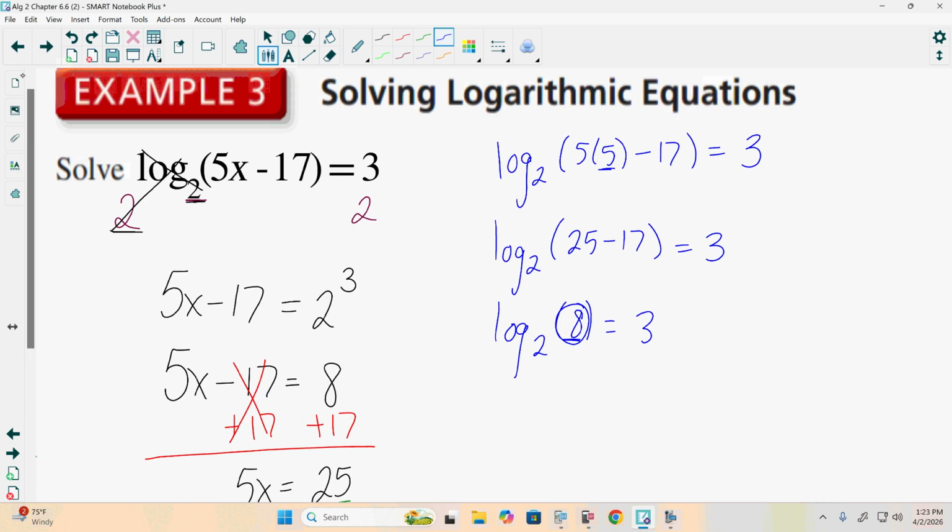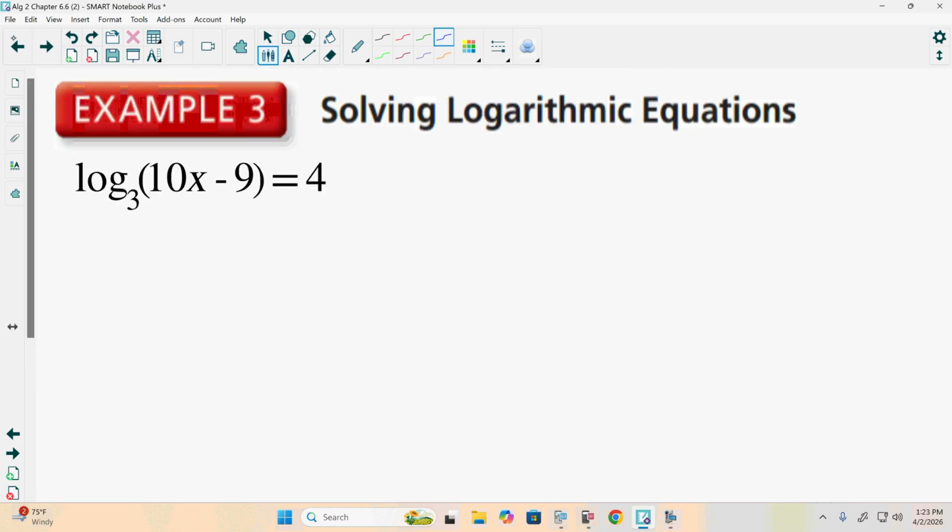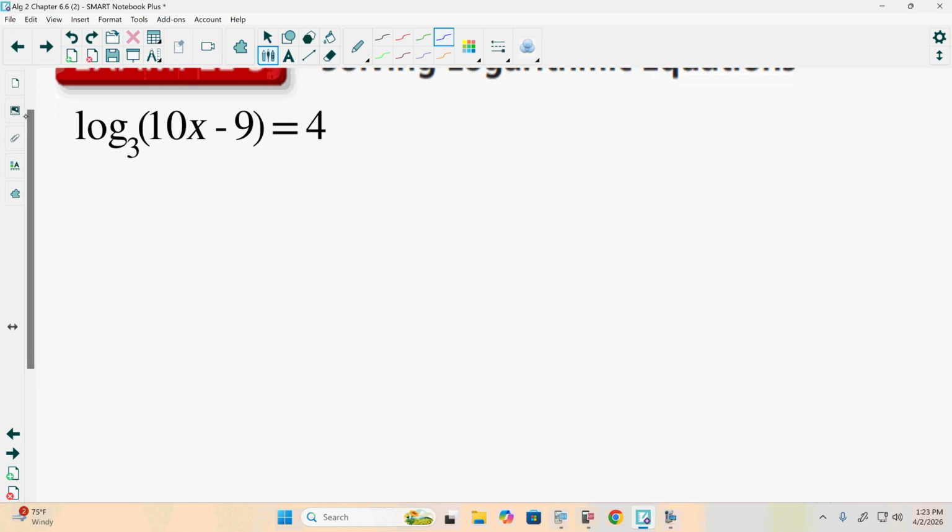Questions on this here? I believe we have 2 left. So log base 3 of 10x minus 9 equals 4. For this one here, we do have a single log on one side and a single term on the other.